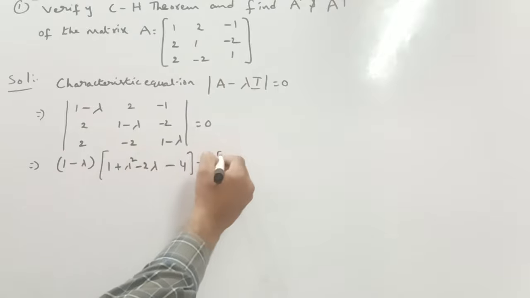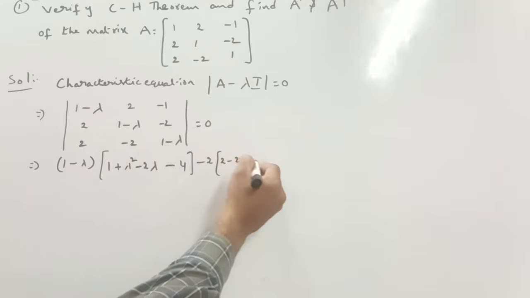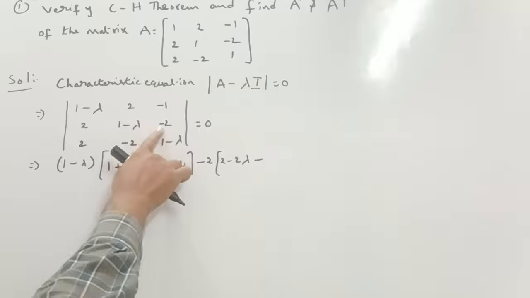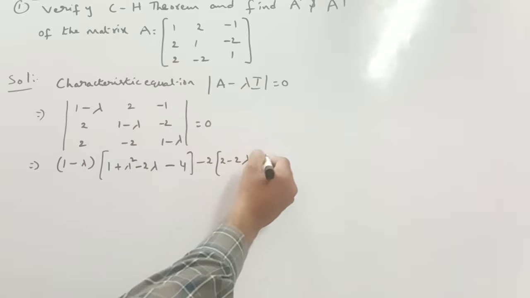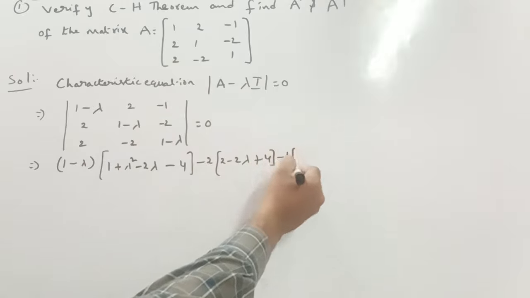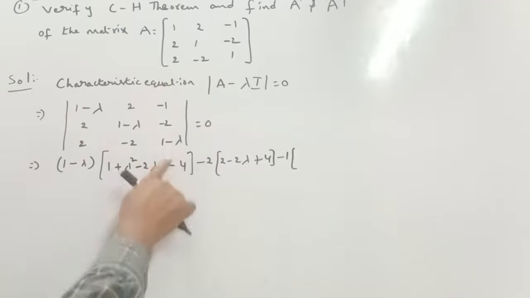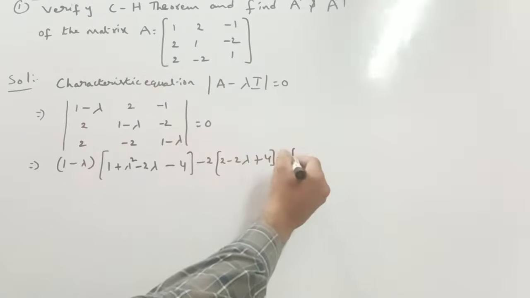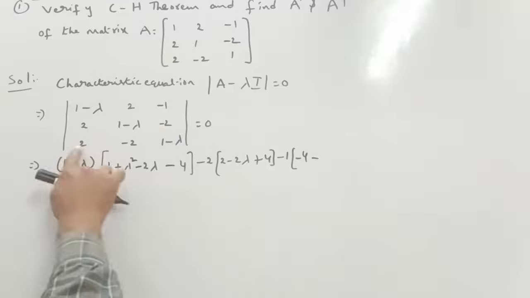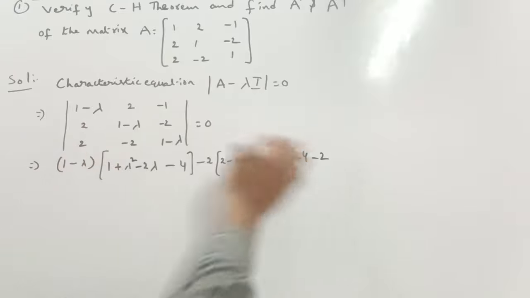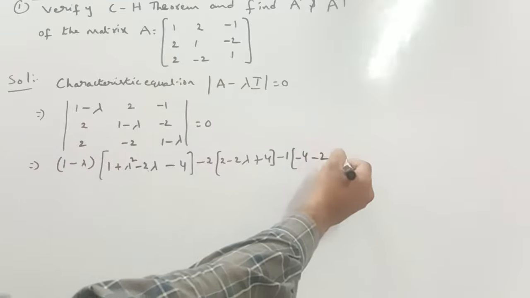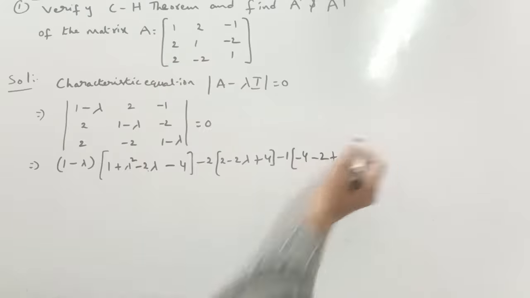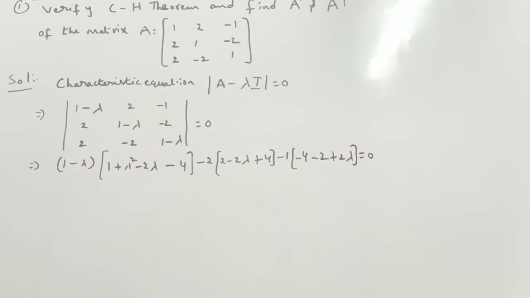Okay. Next minus 2 into this row, this column. So 2 into 1 minus lambda, 2 minus 2 lambda, minus 2 into minus 2 minus 4, minus of minus plus 4. Next minus 1 into this row, this column. So 2 into minus 2 minus 4, minus 2 into 1 minus 2, minus of minus plus 2 lambda, is equal to 0. Okay.